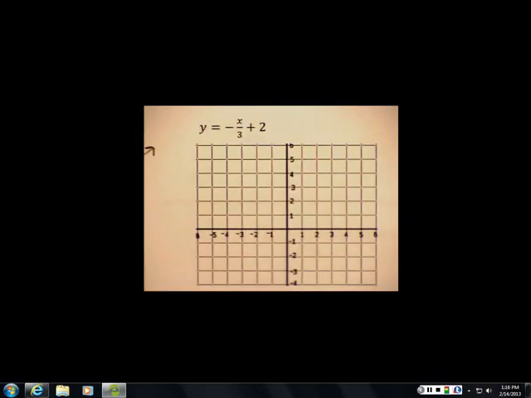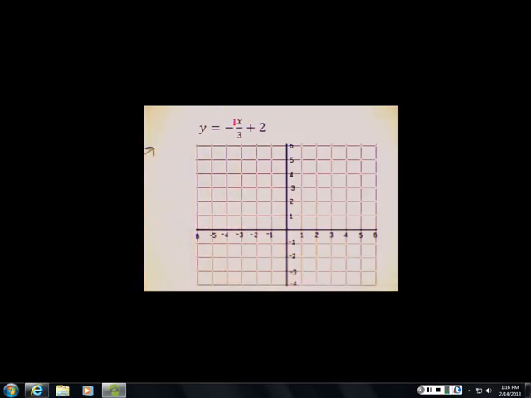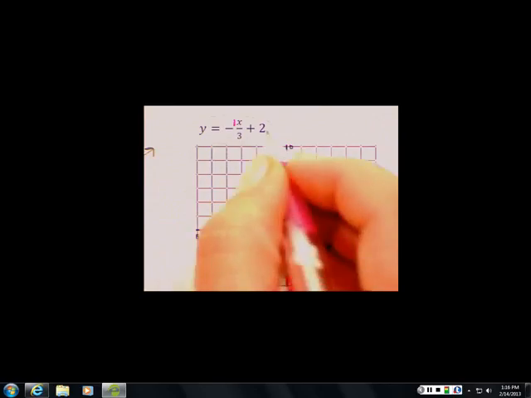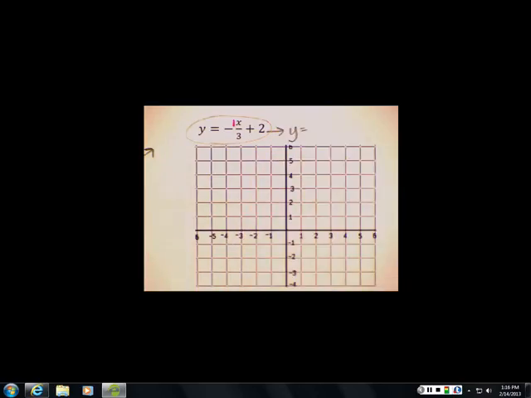If I look at this equation, it's y equals negative x over 3 plus 2. There is a little invisible 1 right there. And what I would like you to do, if you have an equation like this, I want you to take this equation and rewrite it so that we have this y equals mx plus b.